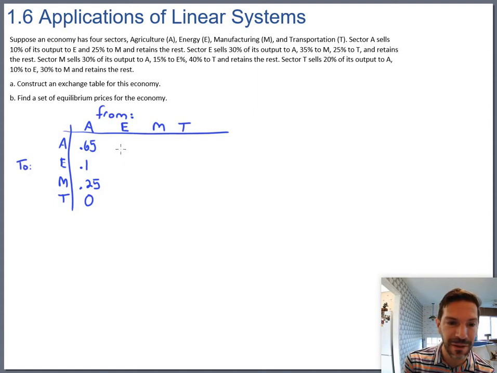Okay, so let's fill in the others. Energy sells 30% to agriculture, 35% to manufacturing, 25% to transport, and retains the rest. Let's see the rest now. There's 65, 85, 90, so 10%.